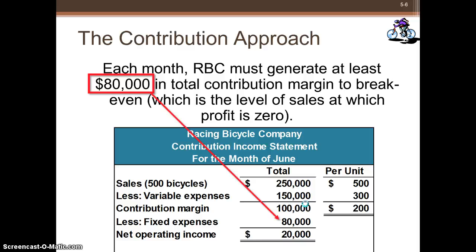Therefore, the break-even point is the point at which contribution margin equals fixed cost. Once a company has reached their break-even point, every additional unit sold increases profit by the amount of contribution margin per unit.